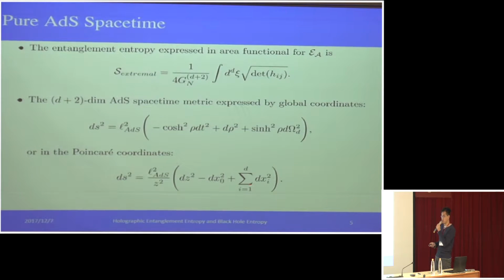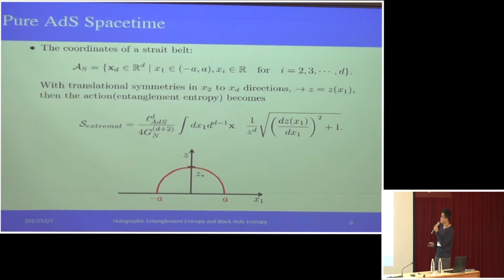For simplicity, we use the Poincare coordinates in our later calculation. Now we can parameterize this minimal surface, a d-dimensional minimal surface, using x1 to xd.